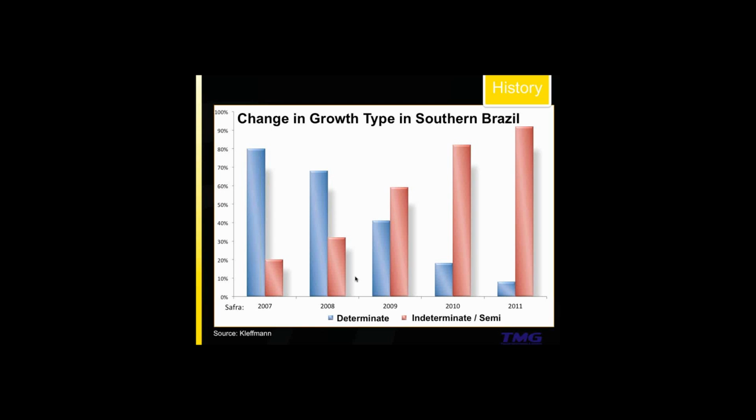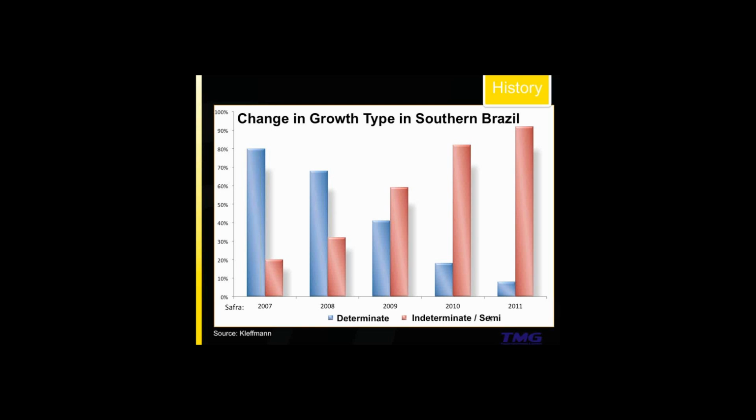That started in southern Brazil. And this slide shows what happened from 2007 to 2011 here in Brazil. So we went from 80% of determinate types, and now we essentially are running close to 100% of indeterminate or semi-determinate types.